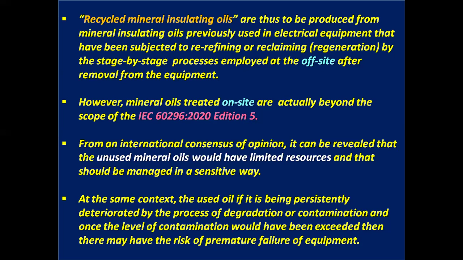That is, taken out from the transformer itself or any equipment, such as circuit breakers or somewhere else. However, mineral oils treated on-site are actually beyond the scope of the IEC 60296 2020 edition 5.